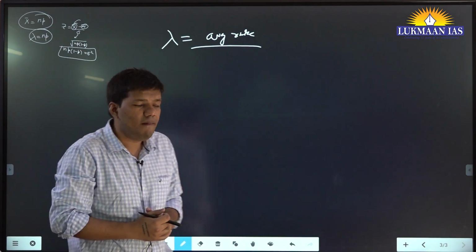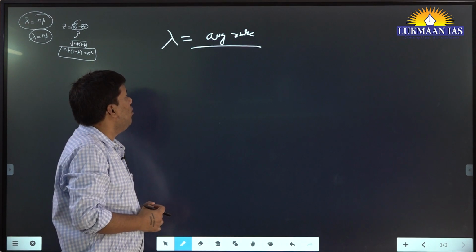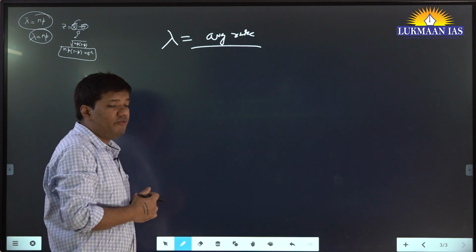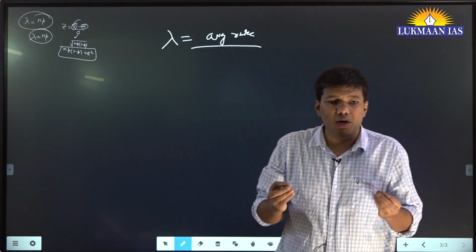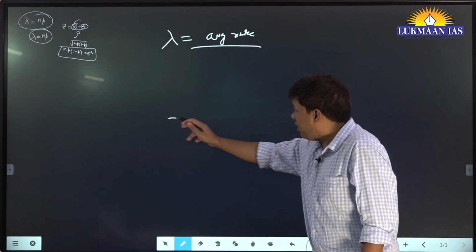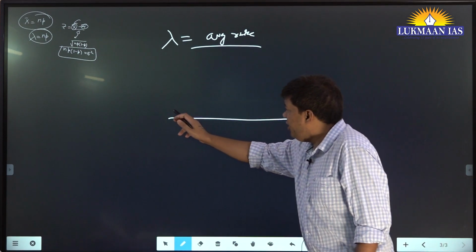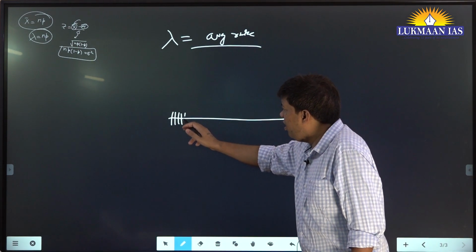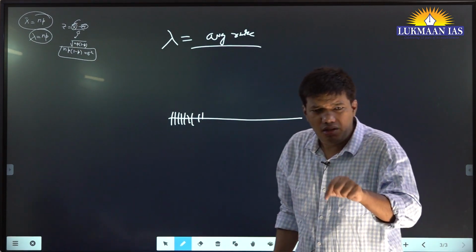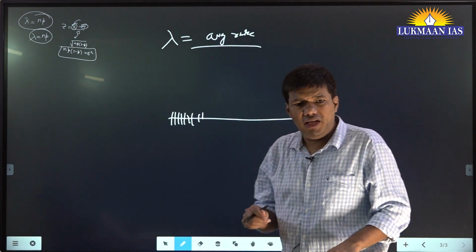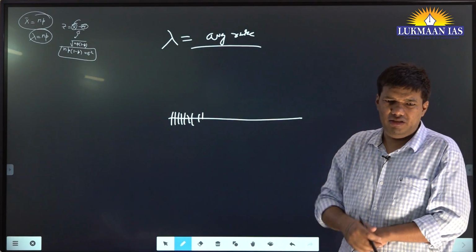Lambda is clear. Now one more thing, there are a few assumptions. What is the one important assumption of Poisson? That you assume that a particular time interval is divided into many small subintervals, and within one subinterval, the probability of an event occurring is constant, right?